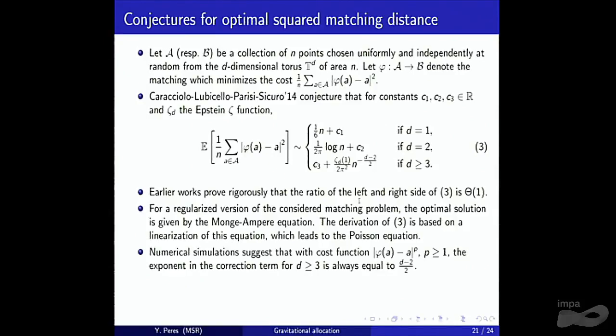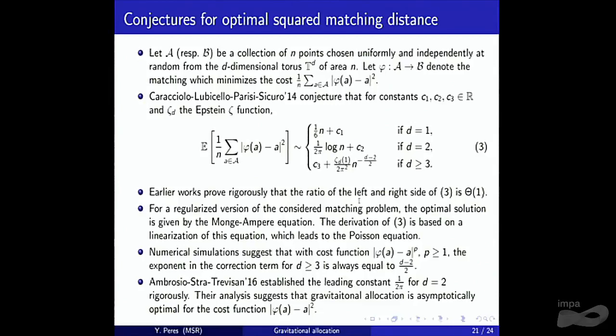But then there's an amazing work by Ambrosio, Stra and Trevisan, in late November 2016, which actually establishes this 1 over 2 pi in 2 dimensions. In the process, they lose the exact matching. So they don't prove that gravitational allocation has this 1 over 2 pi, because they use a duality argument.